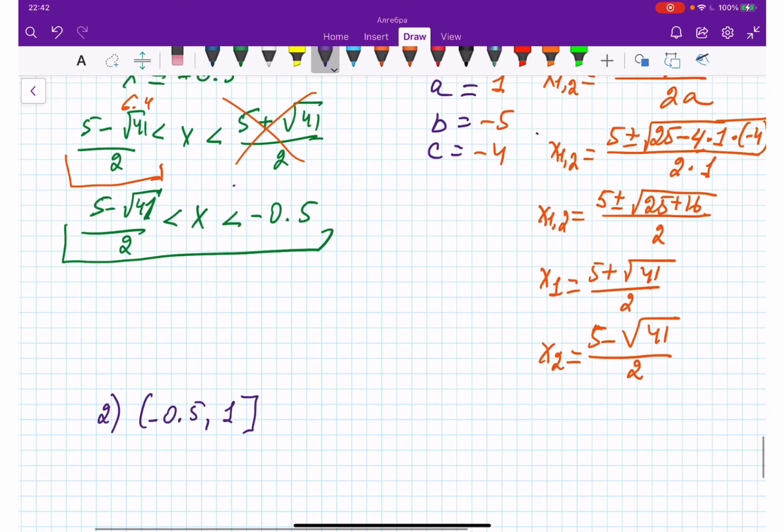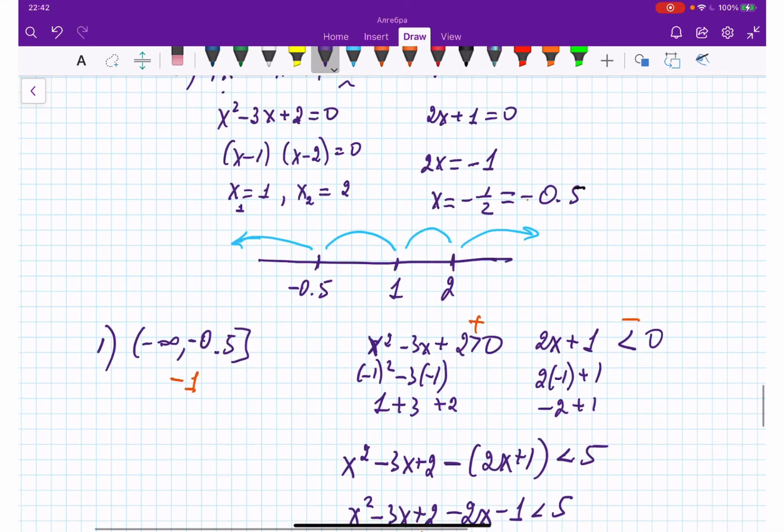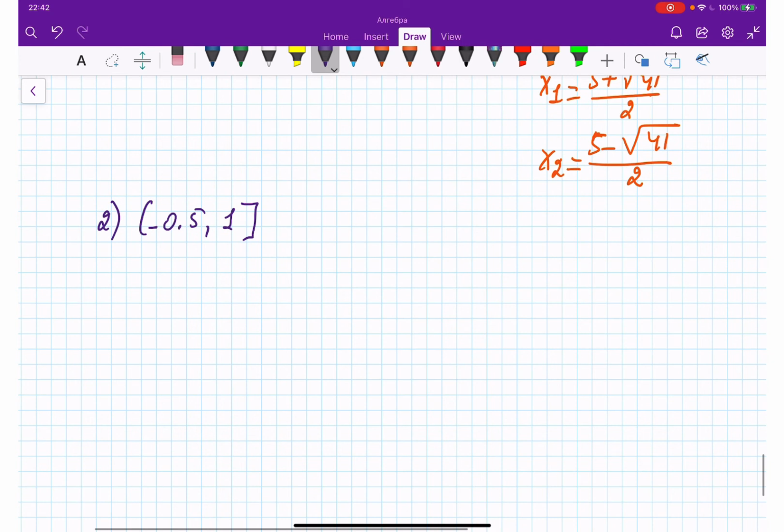If this solid point already belongs to the previous interval, I cannot use it here. It's going to be at the not included -0.5 all the way to 1. And that's what we have, negative 0.5 to 1.